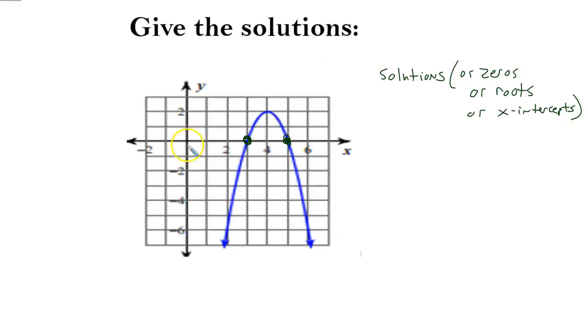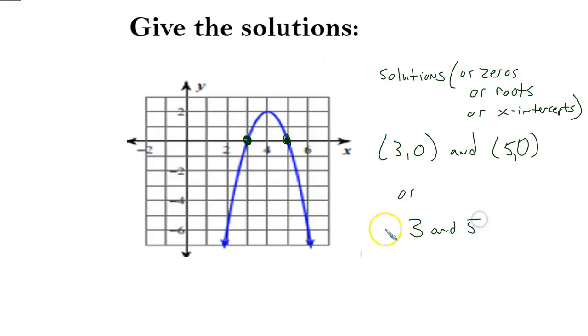Now, this point is 3, 0. We also have a solution, or a zero, of 5, 0. I'm not very picky about how you write solutions, zeros, or roots. If you just write it as 3 and 5 as just where it crosses the x-axis, I'm usually going to give you credit for that.